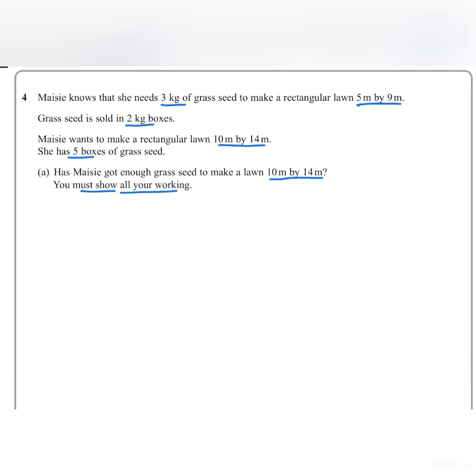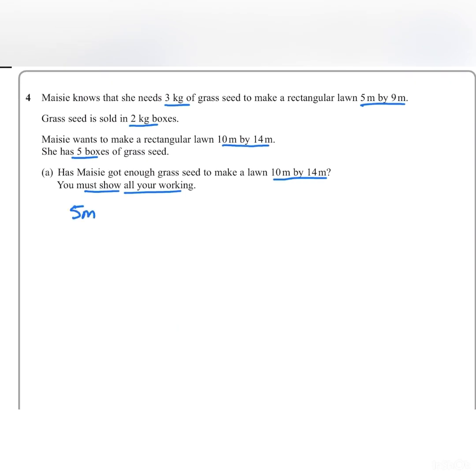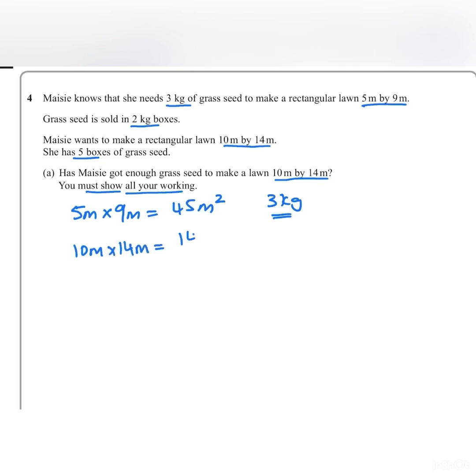Okay, first I'm going to work out the area of the lawn that she can cover using 3 kilograms of grass seed. So that is 45 meters squared, and 3 kilograms of grass seeds cover that. Then the lawn that she wants to make is 10 meters times by 14 meters, and that's 140 meters squared.